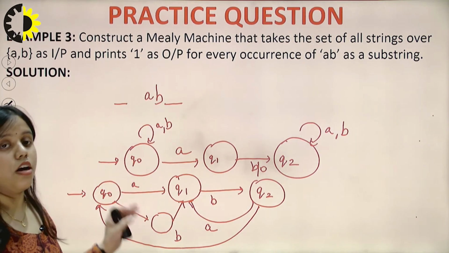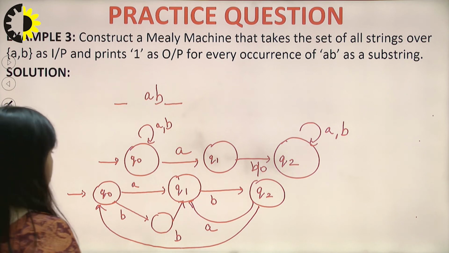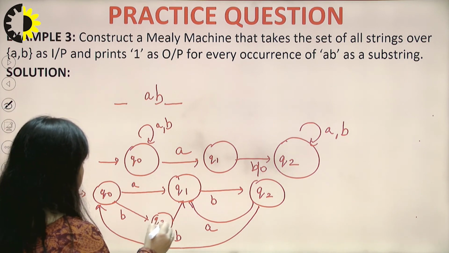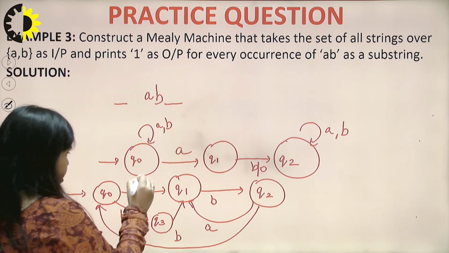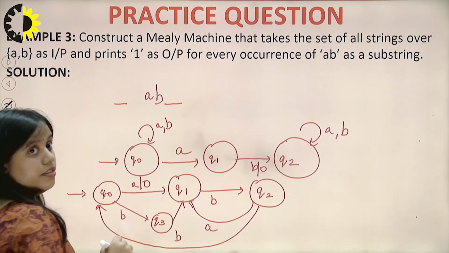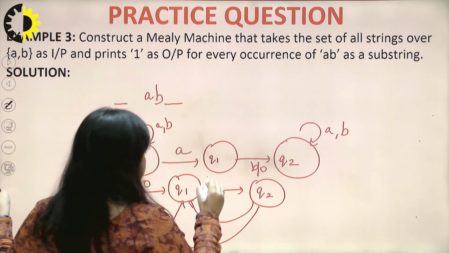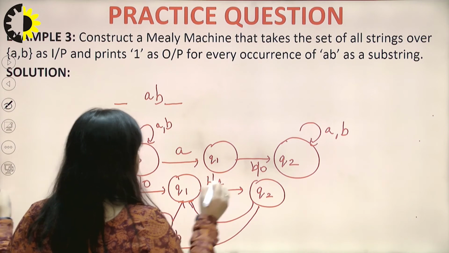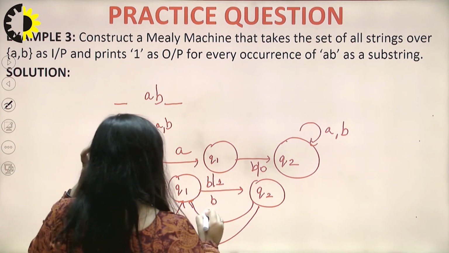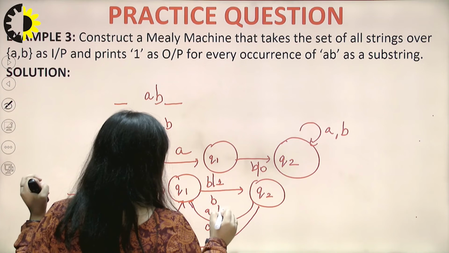okay, so now this is the particular machine that we have drawn. Now when we are getting A, it will return 0, but when we are getting AB, it will return 1. Similarly, when we are getting the other inputs, it will return 0.